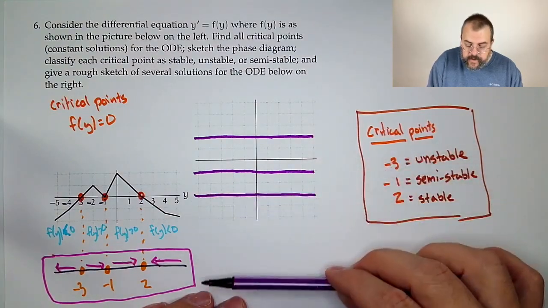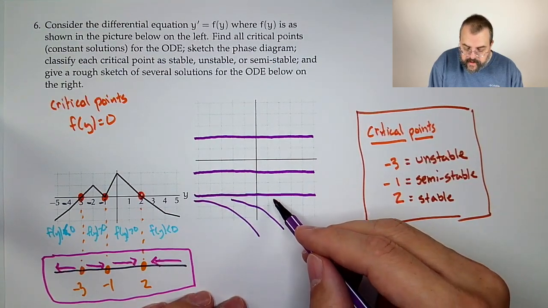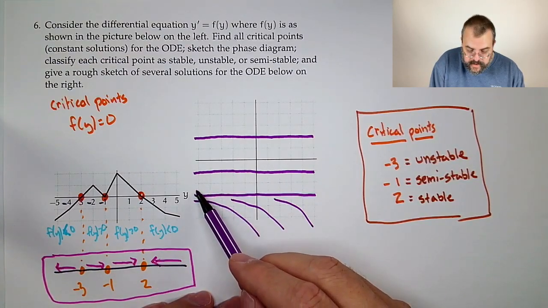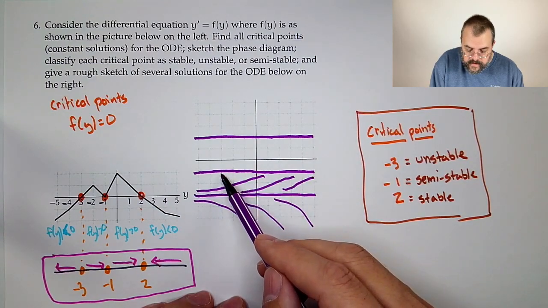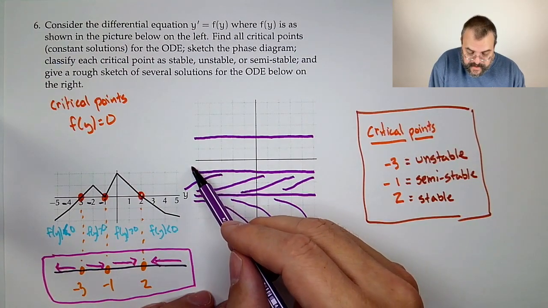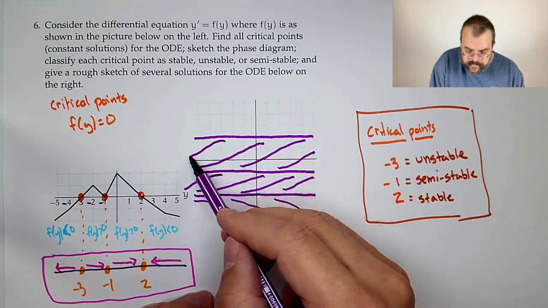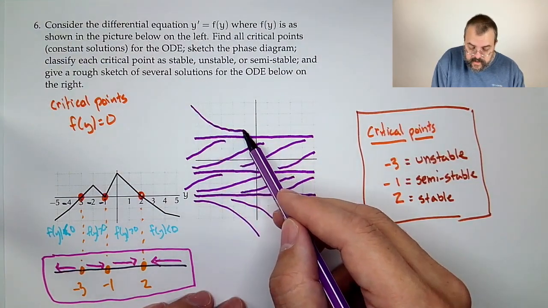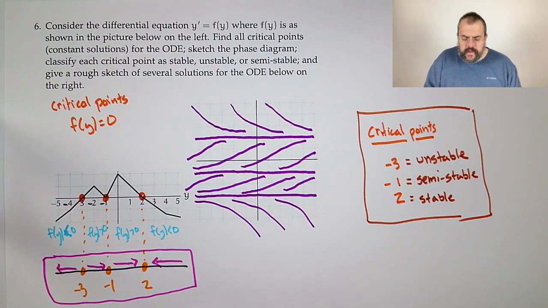So below -3, we're going down. So that says we're doing something like that. From -3 to -1, we're going up. From -1 to 2, going up. And then above 2, we go down. So we're coming down. So we're going to look something like that. And there we go.